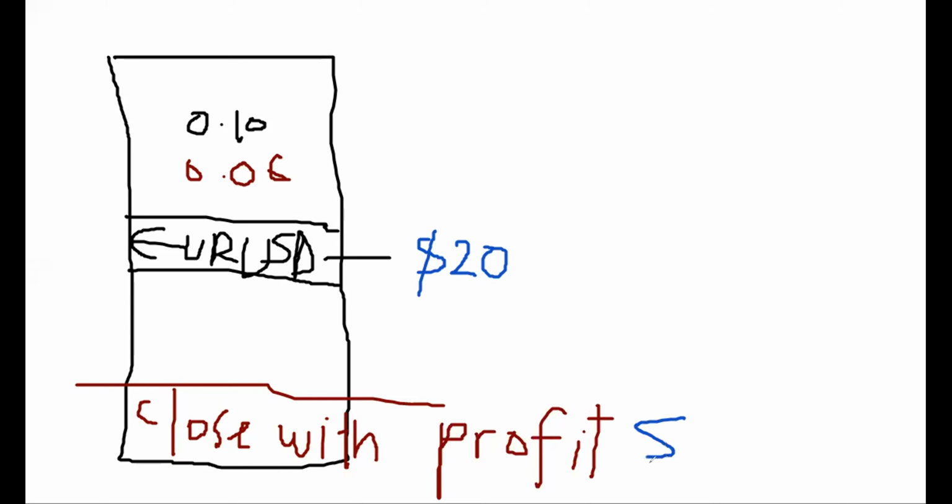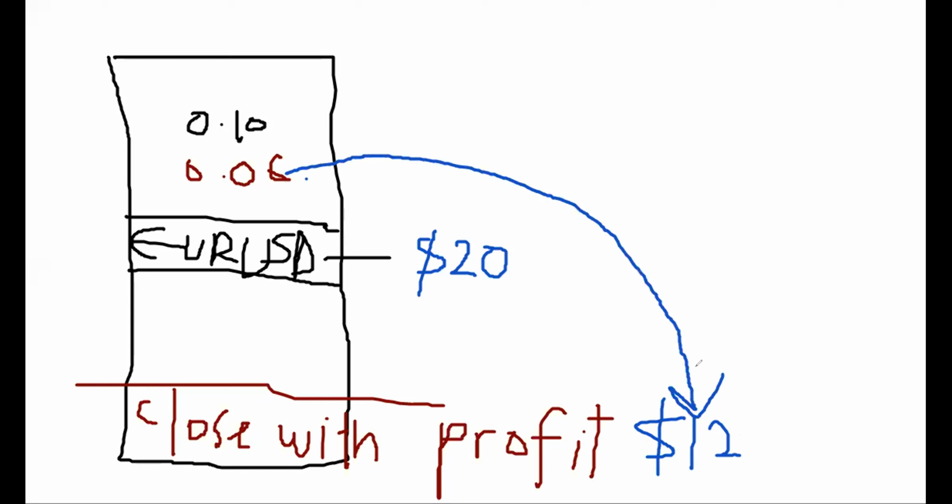Guys, you know what this means? It means that once he types in 0.06, it will fetch $12. If you subtract 0.06 from 0.10, mathematicians in the house, what will remain? That will be 0.04.